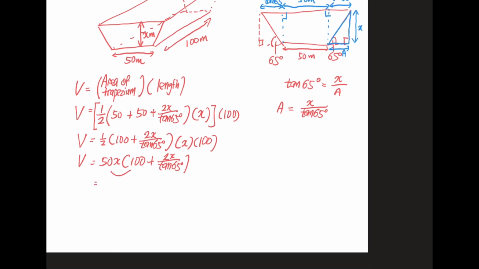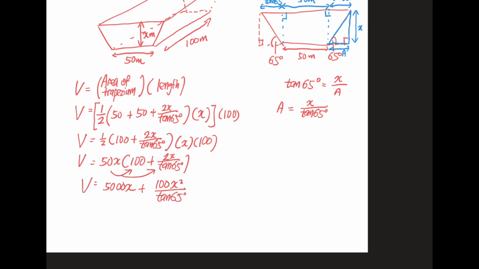Then I multiply the 50x into both, and I will get 5000x, then 50 times 2, 100x squared over tangent 65 degree.